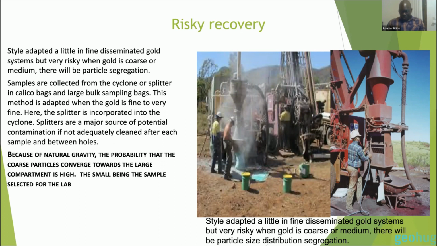As you know, the splitters are the major source of potential contamination if not adequately cleaned after each sample and between holes. I advise to avoid this type of splitting during the RC operation. Very, very risky when the gold particles are medium to coarse.